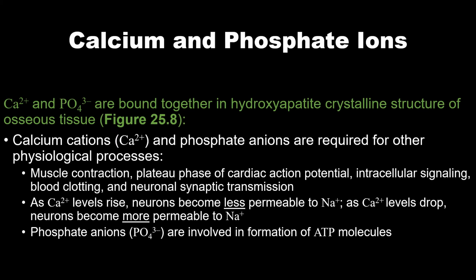Phosphate is also one of the integral structures of adenosine triphosphate, ATP. You need phosphate for adenosine triphosphate, obviously. In this section, we're going to talk about the hormones and mechanisms that control phosphate and calcium. And then we're going to look at calcium ions, exploring what happens when imbalances occur.